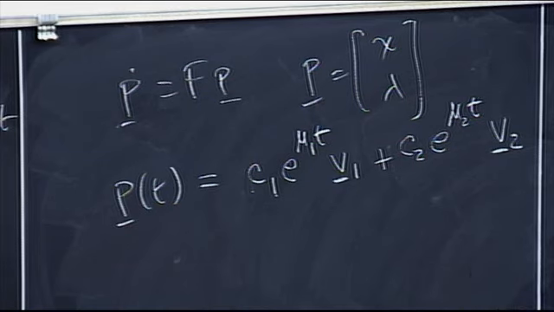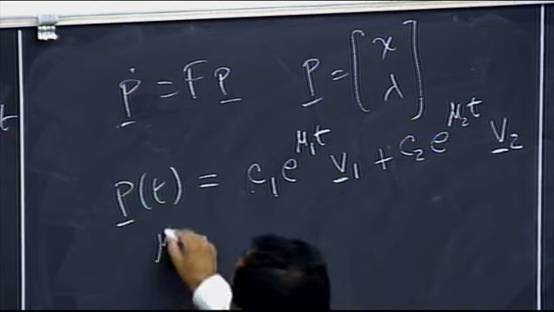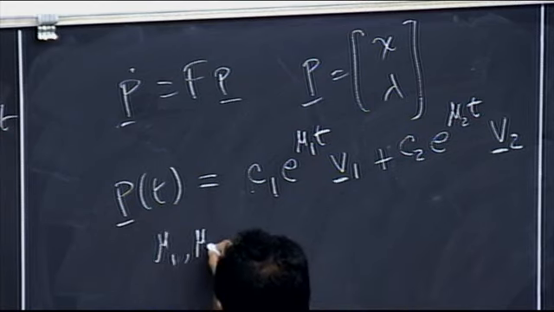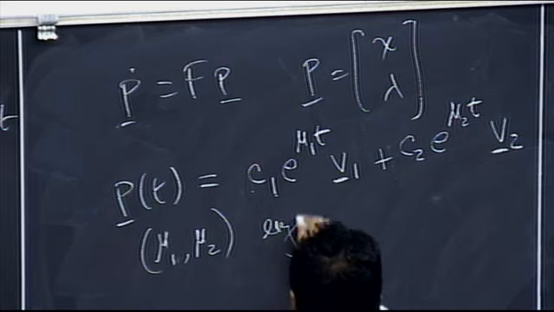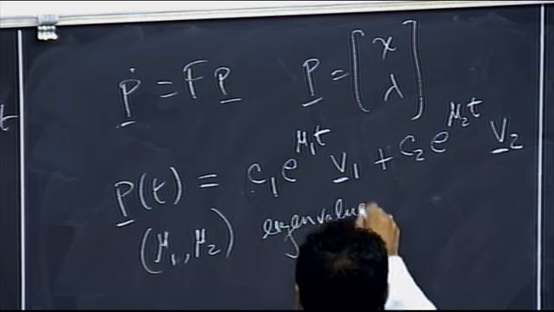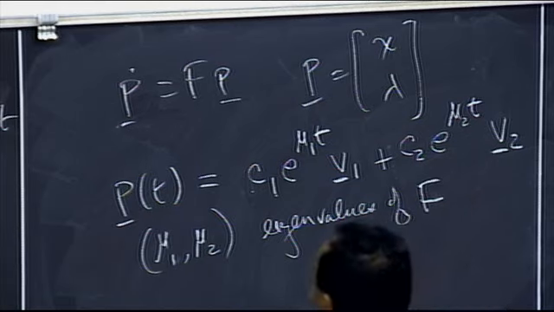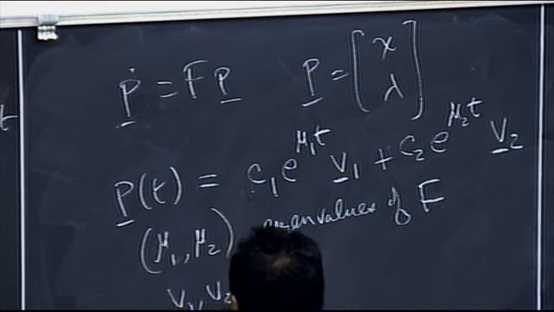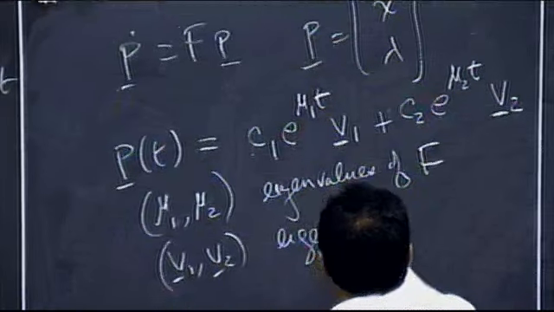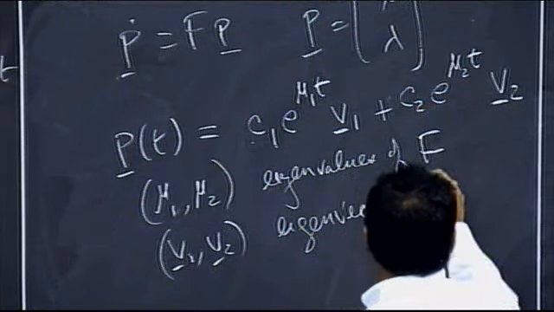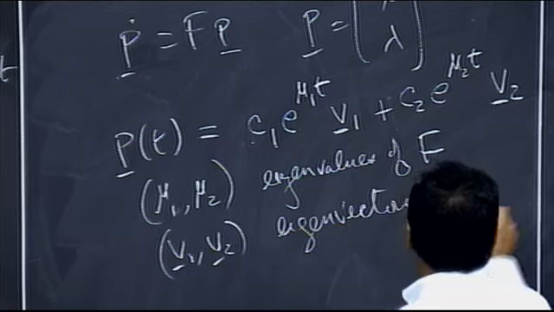Where mu1 and mu2 are the eigenvalues. There's a reason I'm using mu instead of lambda. Mu1 and mu2 are the eigenvalues of F, and v1 and v2 are the eigenvectors, assuming, of course, that these eigenvalues are unique.